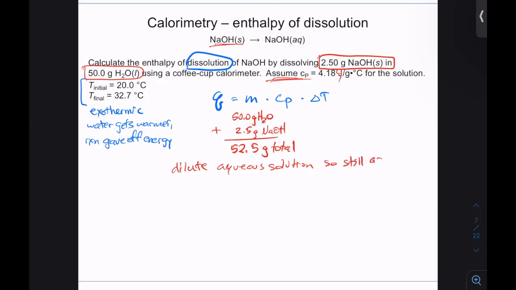So we can still assume that the specific heat capacity here is 4.184 joules per gram degree Celsius.